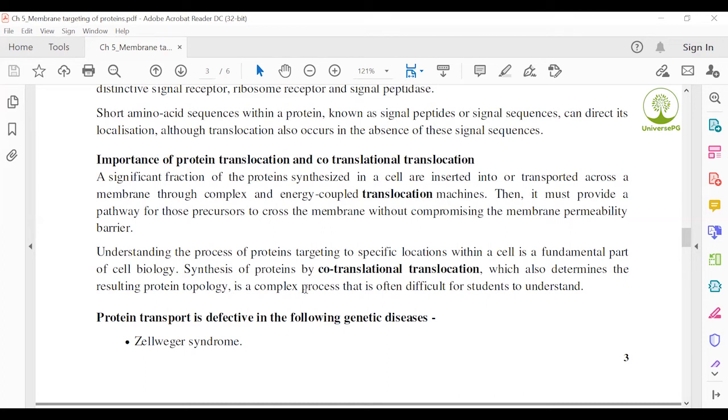Protein topology, meaning protein structure, function, properties, and details, is a complex process that is often difficult for students to understand. Topology describes protein structure, protein function, protein denaturation process, and many other processes.